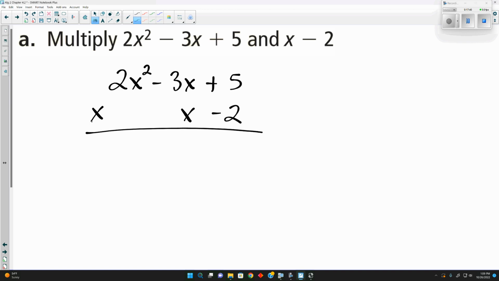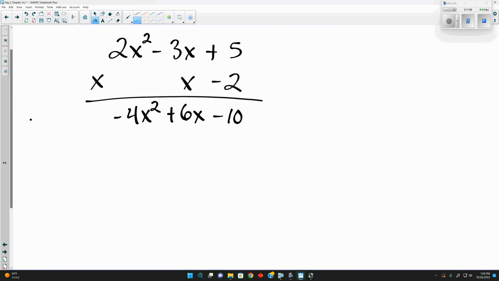Negative 2 times 5 is negative 10. Negative 2 times 3x is plus 6x. And negative 2 times 2x squared is going to be negative 4x squared. Now, if we were doing just basic multiplication, what would the next thing we would do be?